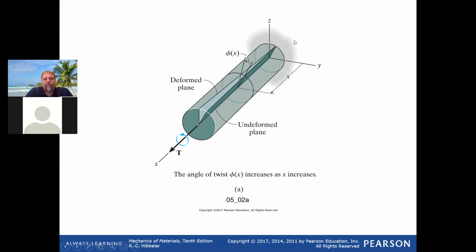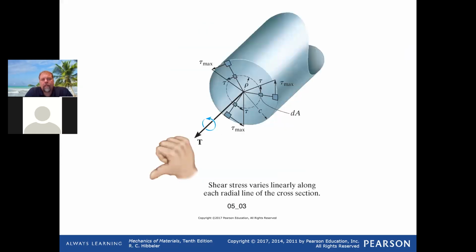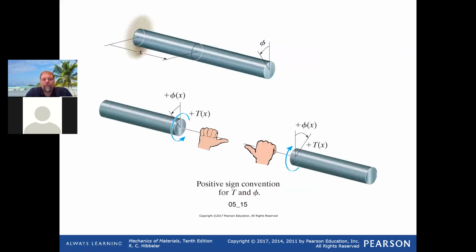And then if this is fixed on the backside, it's just going to linearly vary along the length of the beam back to 0. And again, same thing there, showing that linear variation of shear stress and dealing with that right hand rule.